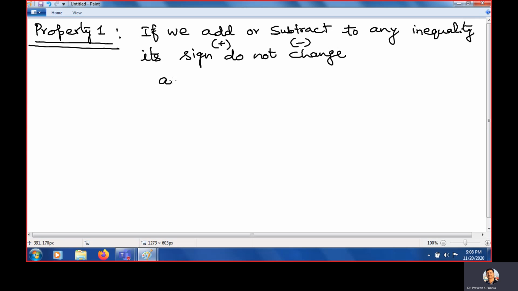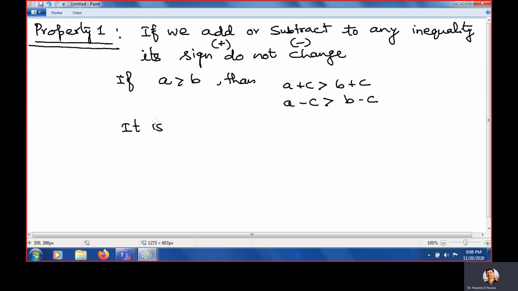Means if A is greater than B, then A plus C will remain greater than B plus C. A minus C will remain greater than B minus C. And it is true for greater than, equal, less than, and less than equal. For all inequality signs, this condition is true.